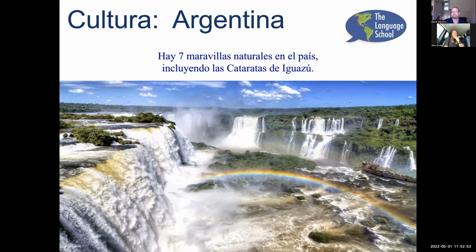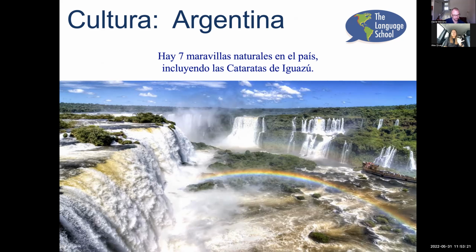Hay 7 maravillas naturales en el país, incluyendo las cataratas de Iguazú. Maravilla means a wonder, and país is country.